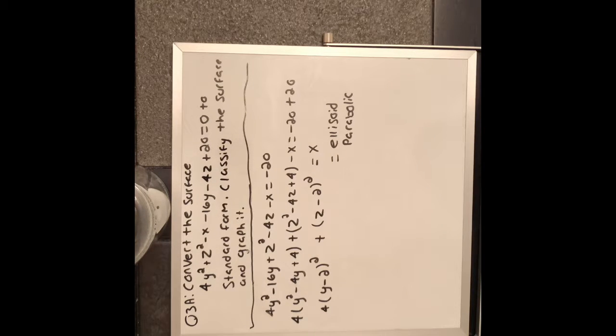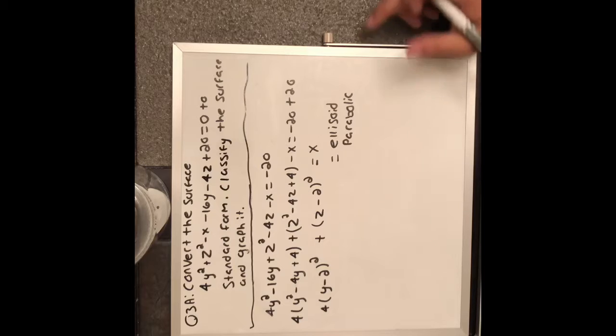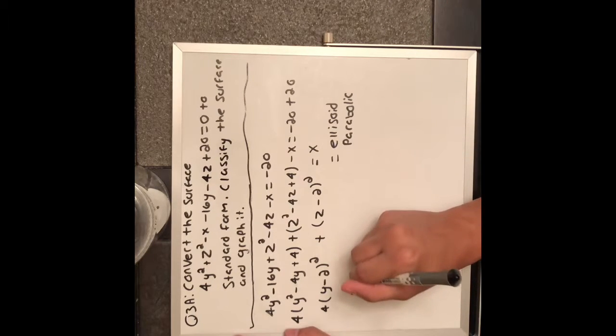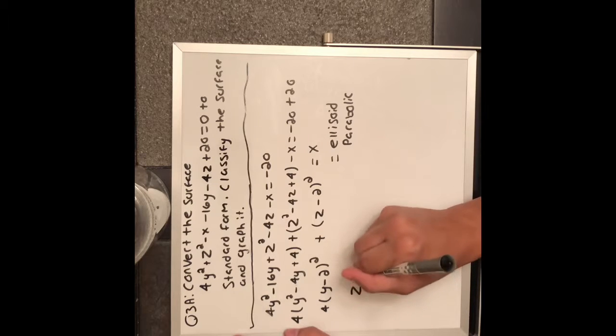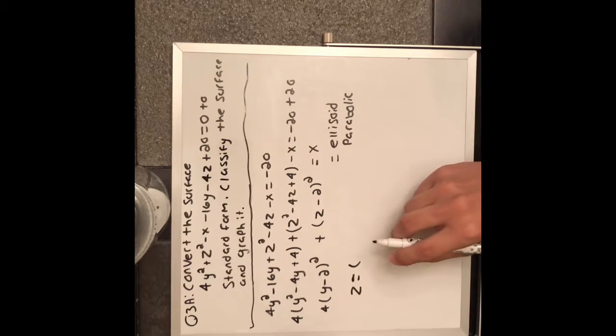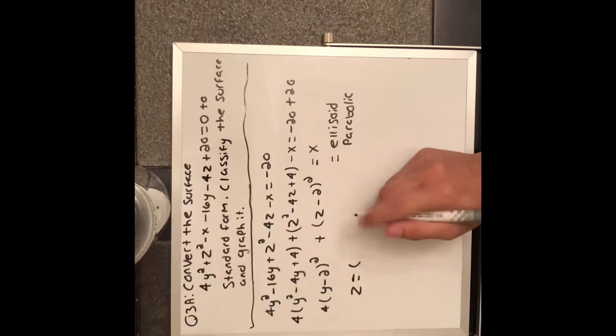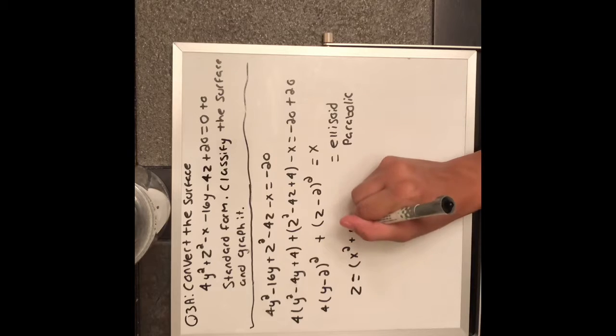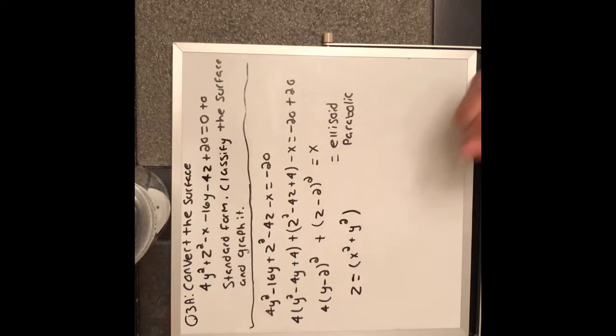The general form for an elliptic paraboloid is z is equal to x squared plus y squared.